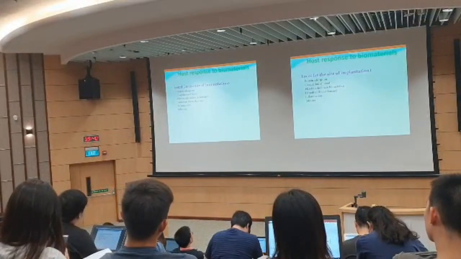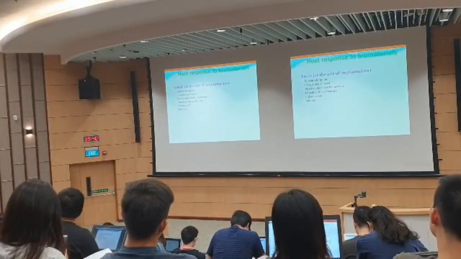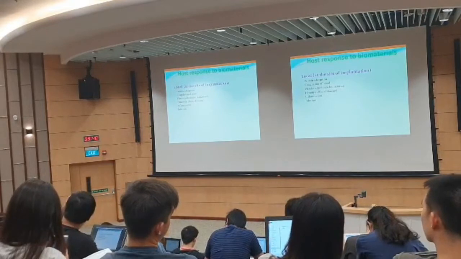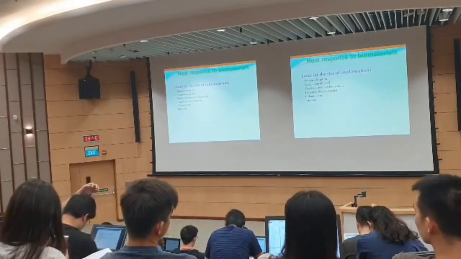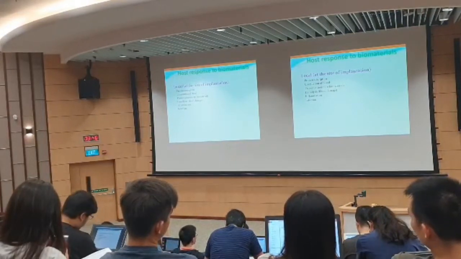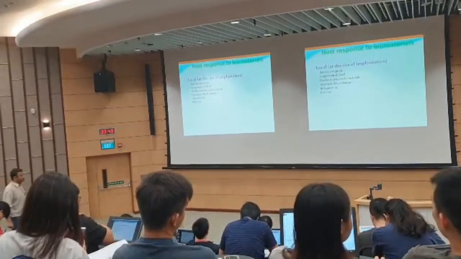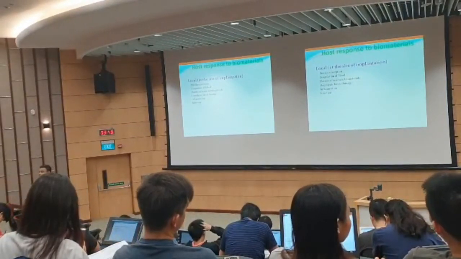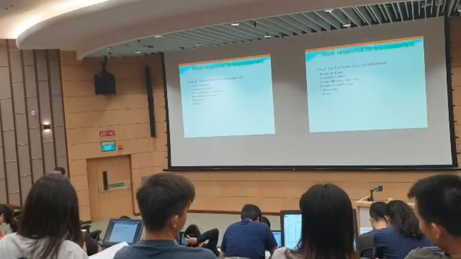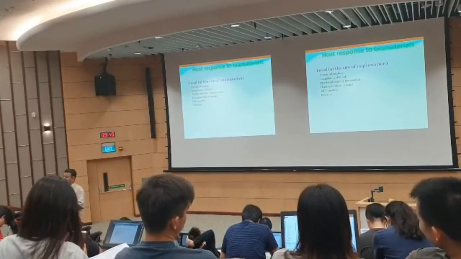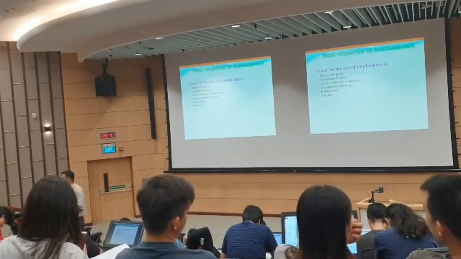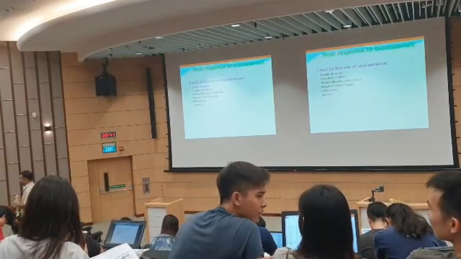Inflammatory response: it can cause some very nasty inflammation. What is inflammation? It can be redness, fever, itchiness. So there can be inflamed tissue around the site of implantation, which again is not desirable.